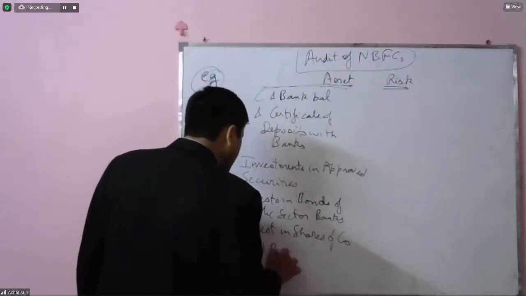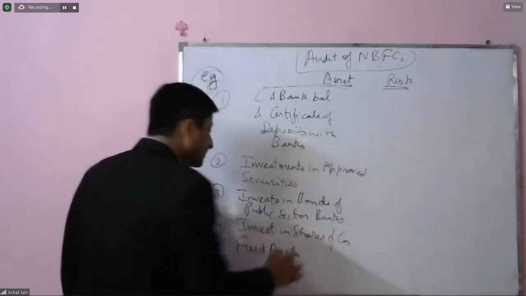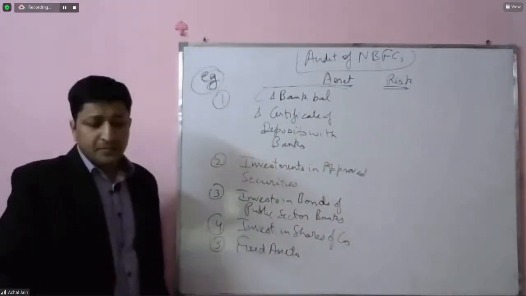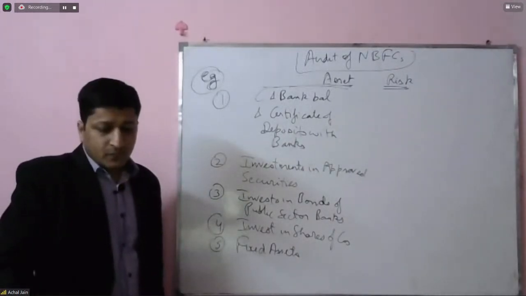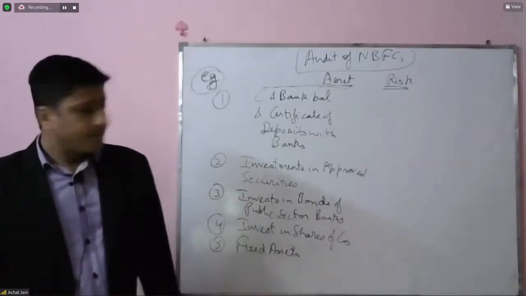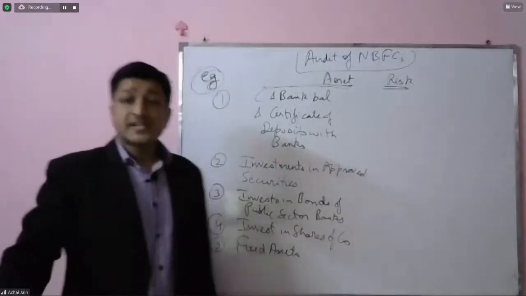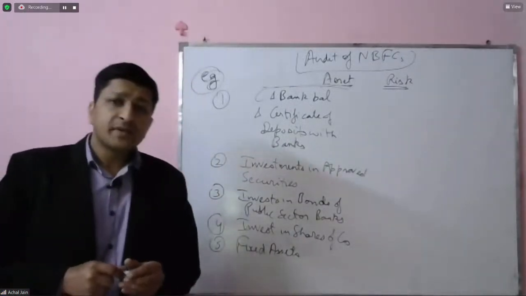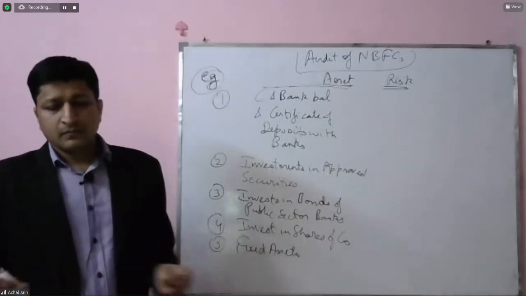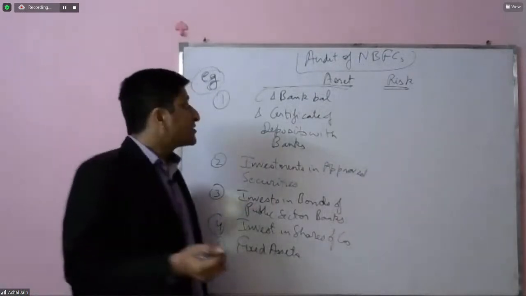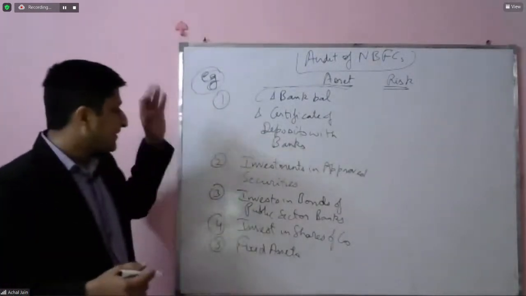NBFC will also have building, furniture, fixture, office equipment. What are those? Fixed assets of the NBFC. Now, around all of these assets, certain norms have been prescribed. Norms for assigning the risk which is attached to each asset.